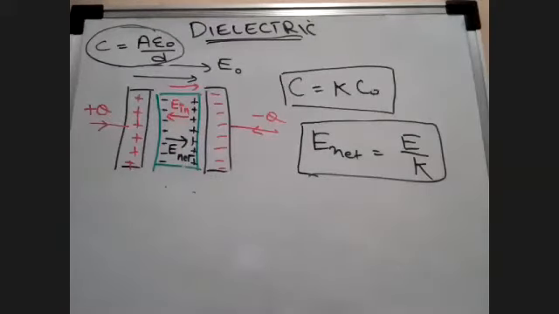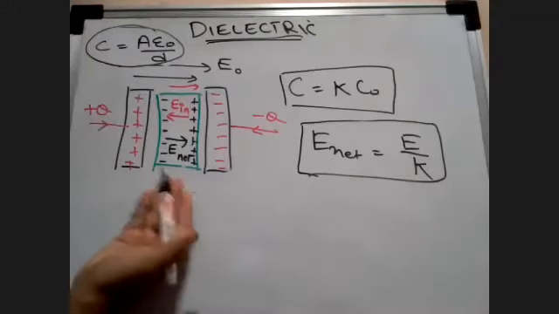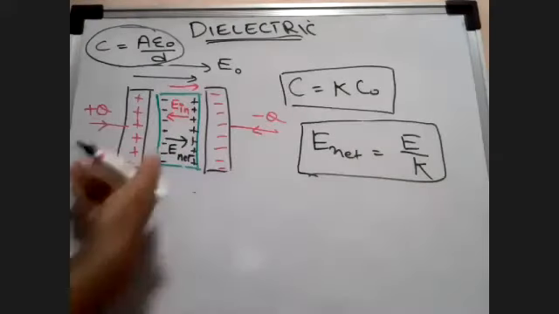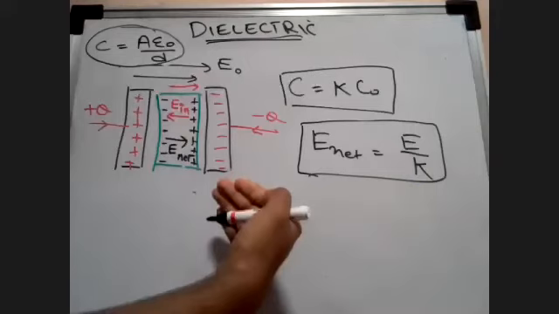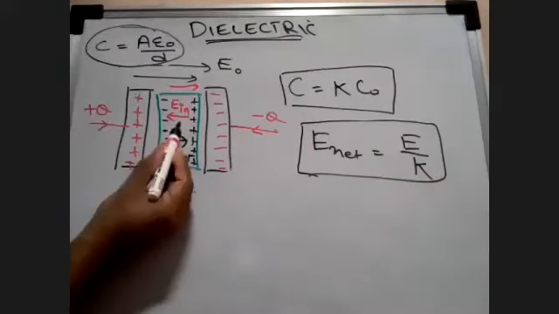So this is an important observation, that when you put a dielectric, the dielectric basically fights against the external electric field and produces an electric field opposite to the external field, which I have marked here in red.